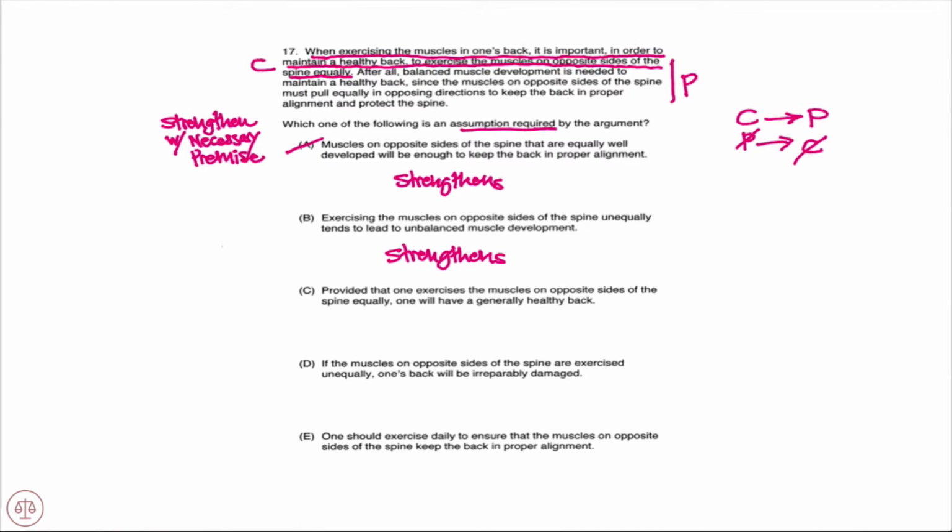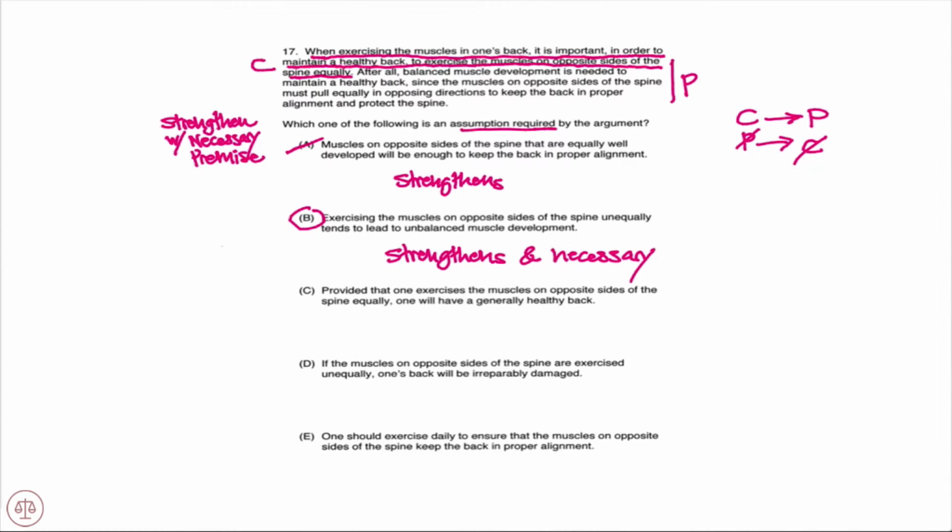You notice it destroys it, because if it doesn't lead to unbalanced muscle development and balanced muscle development is needed to maintain a healthy back, the conclusion that it's important in order to maintain a healthy back to exercise the muscles on opposite sides equally falls apart, because doing it unequally has no problem either. It does not tend to lead to an unbalanced muscle development. So B strengthens and is necessary. So B would be the correct answer.